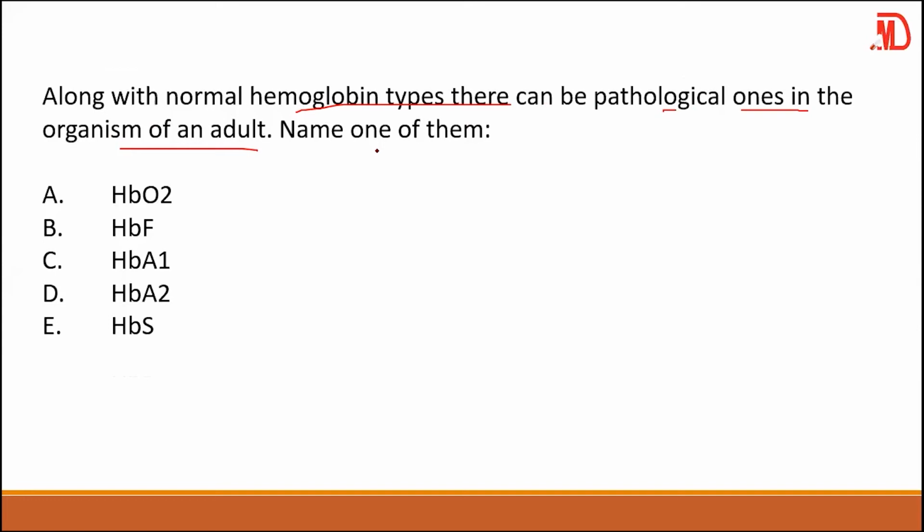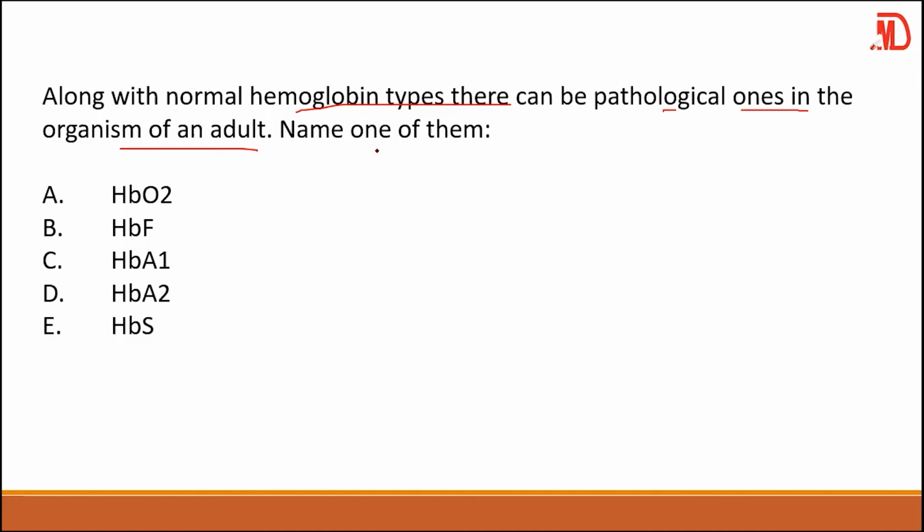We have hemoglobin A. This makes about 95 to 98% of hemoglobin found in adults. Most of us have hemoglobin A. It contains 2 alpha chains and 2 beta chains. We also have hemoglobin A2, which makes up about 2 to 3% of hemoglobin found in adults.